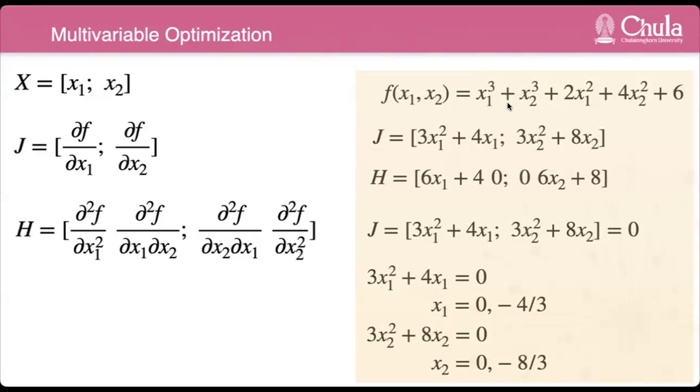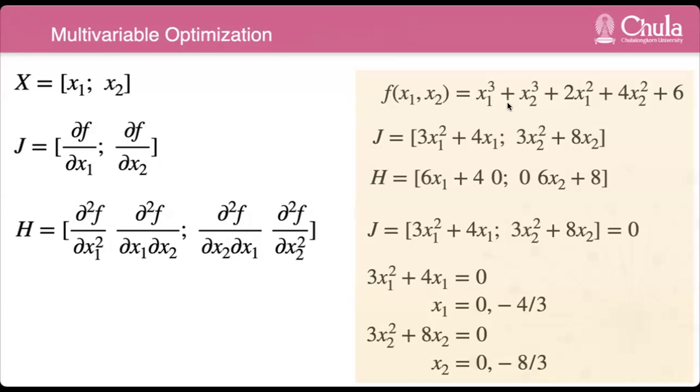So the first thing to do is find the extreme points. And we know that for an extreme point, the Jacobian must be 0, right? Each element of the Jacobian must be 0. So 3x1 squared plus 4x1 must be 0, and 3x2 squared plus 8x2 must be 0 also.